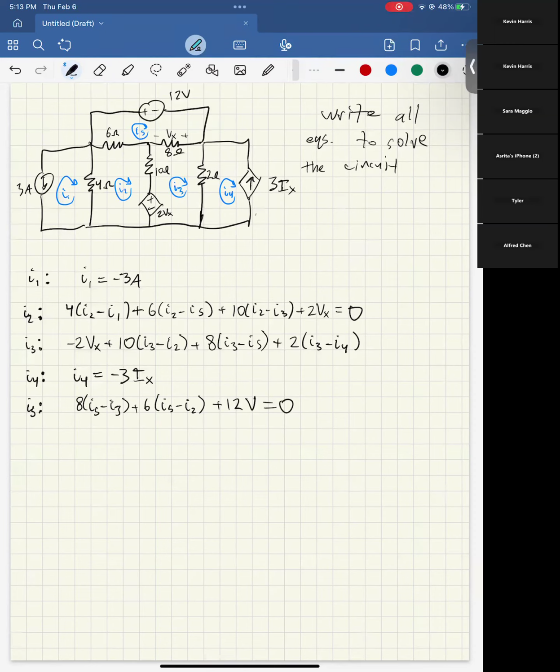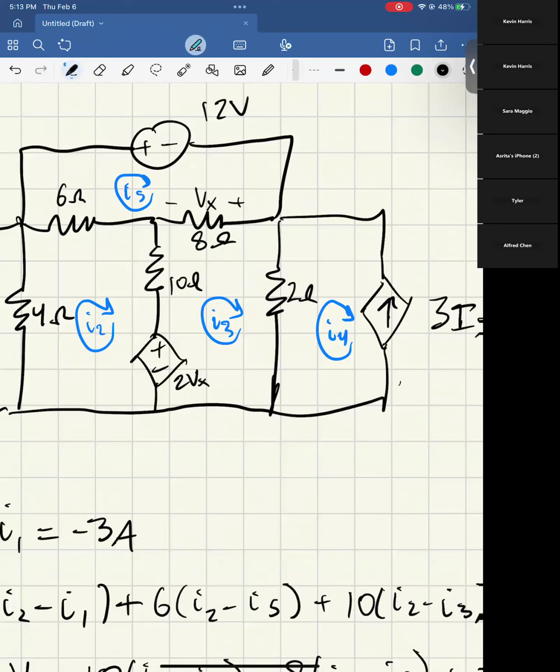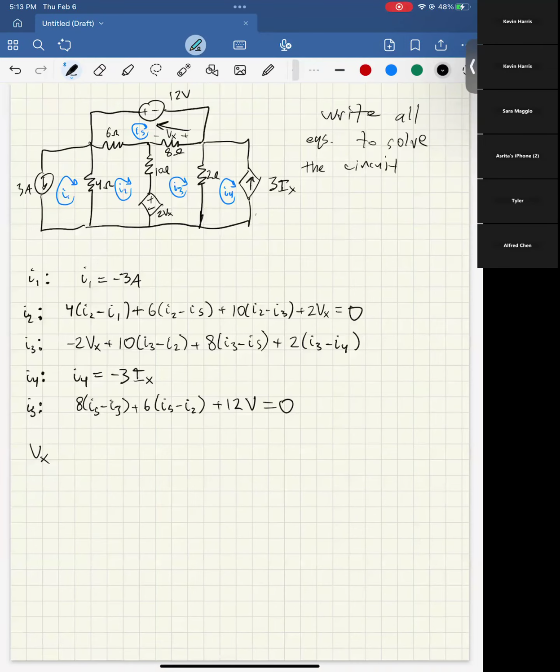And then we have two variables for the dependent sources here. I'll start with Vx. As I said before, Vx has the positive on the right and the negative on the left. So that implies that current is flowing leftwards on it. If current is flowing to the left, then the voltage across it would be 8 ohms times I5 minus I3.